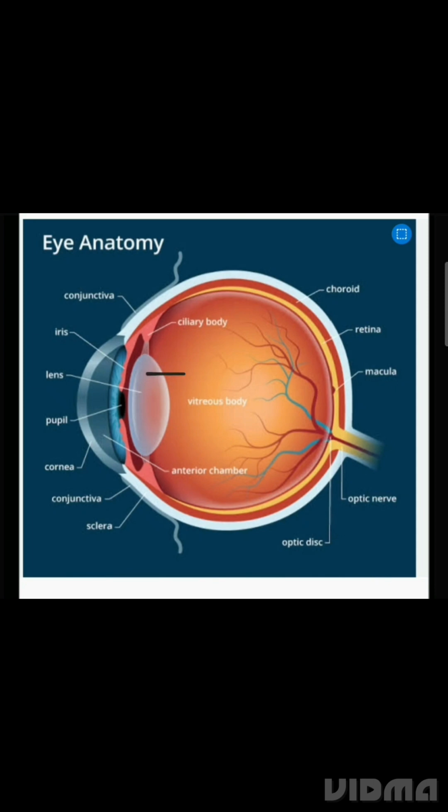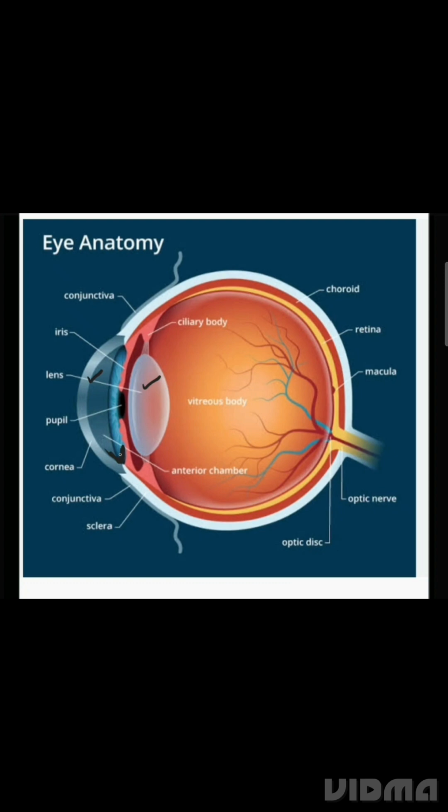Aqueous humor provides nutrition to the lens and the cornea, and it drains through this angle, the angle formed by the cornea and the iris. That is called the angle of the anterior chamber. So the aqueous humor is drained through this angle.